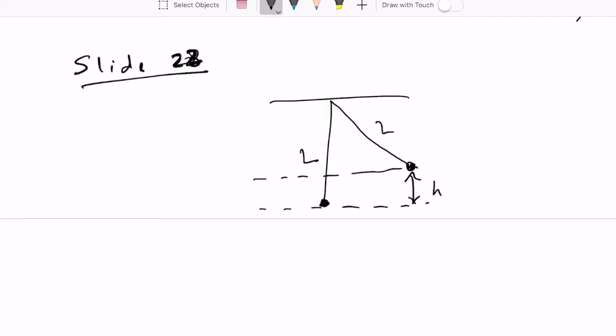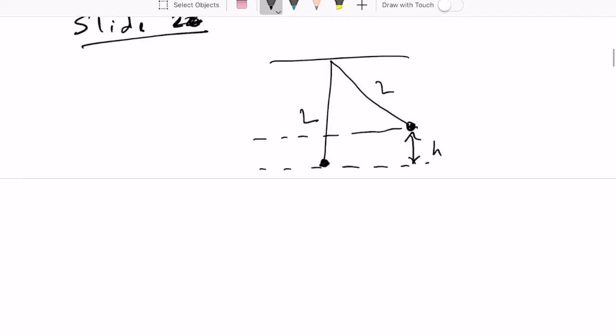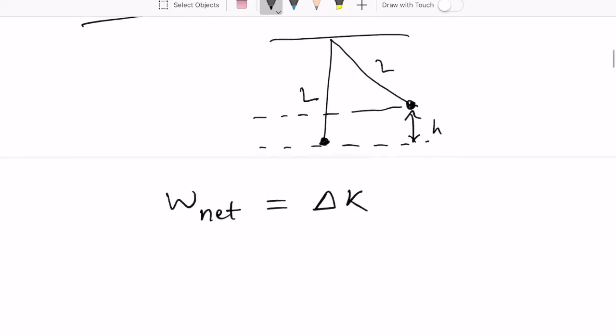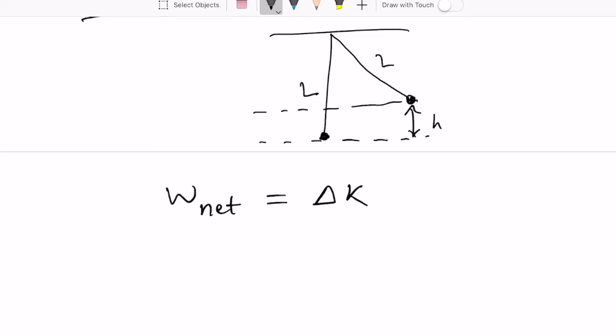Okay, so how do we do this problem? Well, let's apply the work kinetic energy theorem. There are multiple ways of doing this problem, but let's just apply the work kinetic energy theorem. So the net work done equals the change in kinetic energy, right? So let's think about the right-hand side of this equation first.